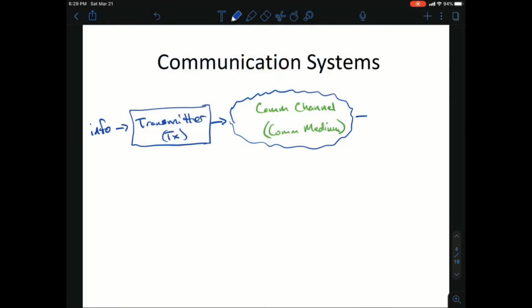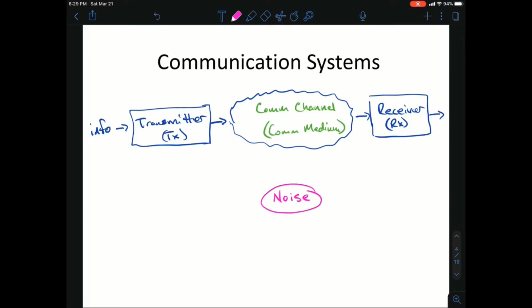Then that information is going to be received by a receiver, typically abbreviated as RX, and it'll be recovered from there. One of the things that we haven't really discussed up to this point is this concept of noise, which is the other key element of a communication system.